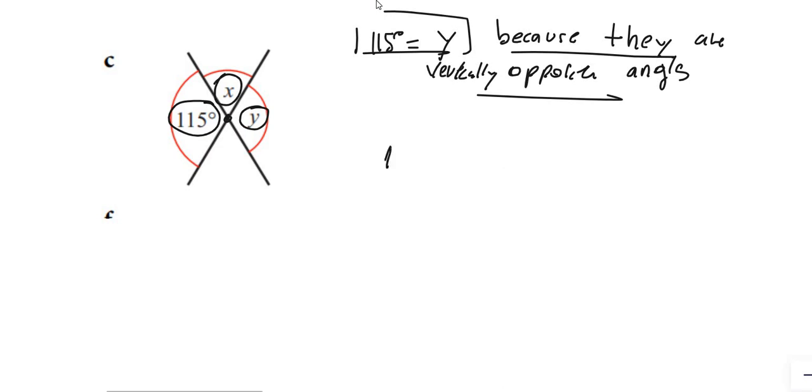Yes, I can say that 115 degrees plus x equals 180. You have to write because. Why can I say that this is a true relation?